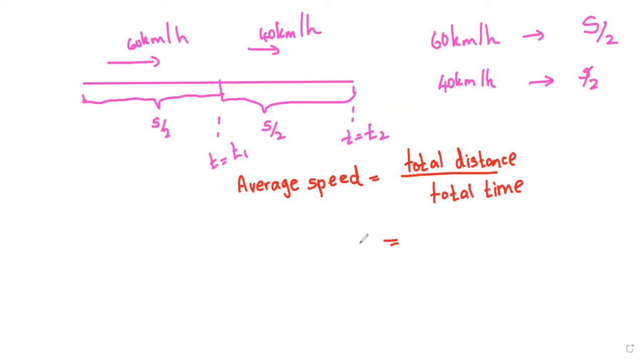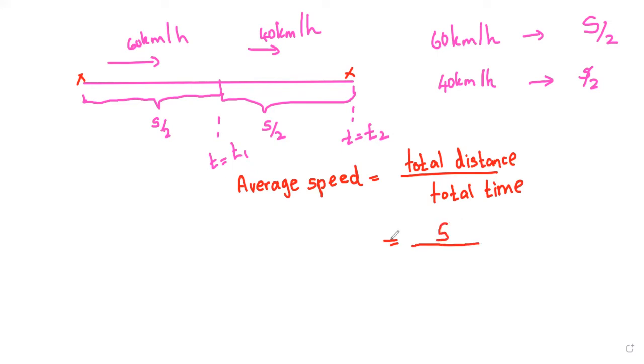Now we need to find the total distance. Can you figure it out? We have taken S from this point to this point. So we are moving with S distance, and for the total distance I am going to mark it as S.